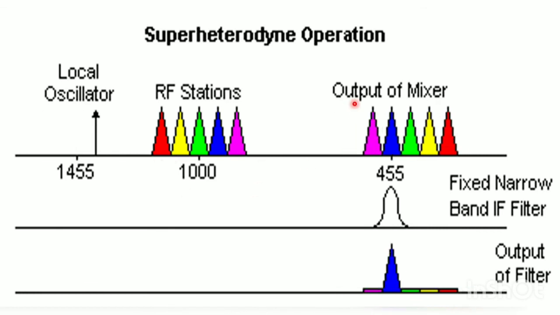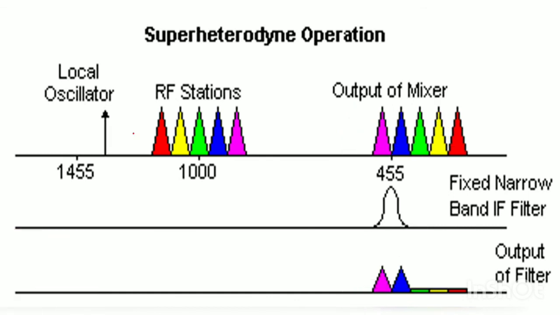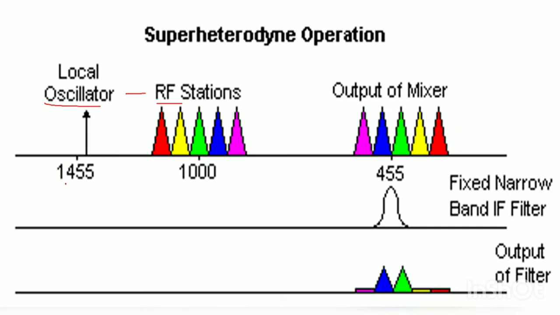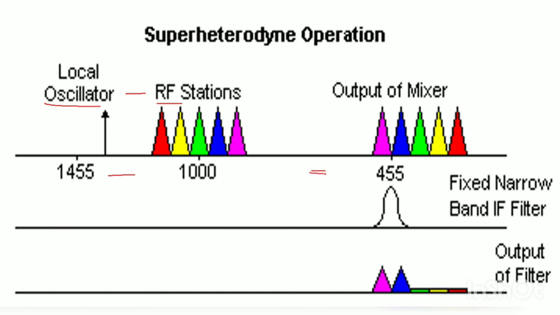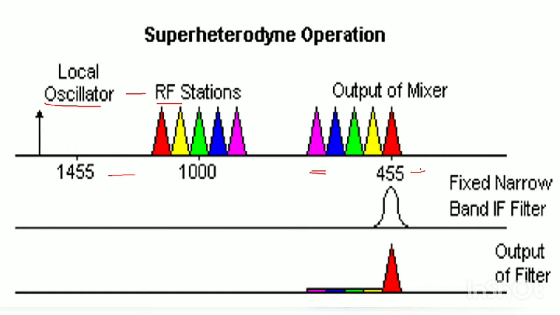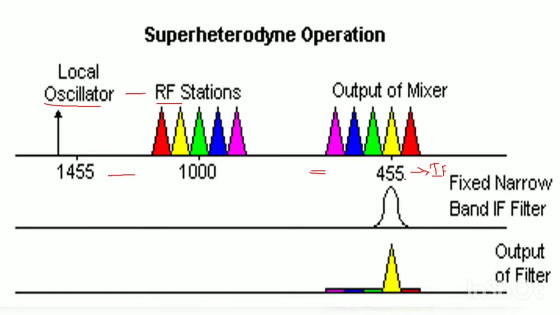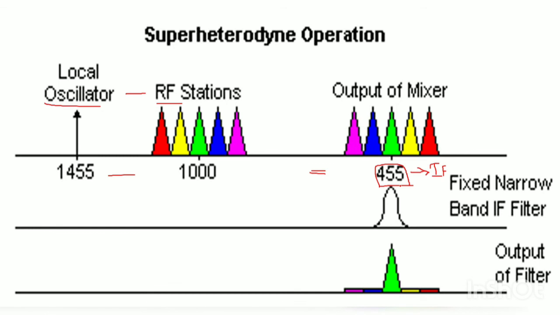We know the mixer produces an output equal to local oscillator minus RF. So as a result, if we subtract 1455 minus 1000, we obtain our IF as 455. This is our intermediate frequency.